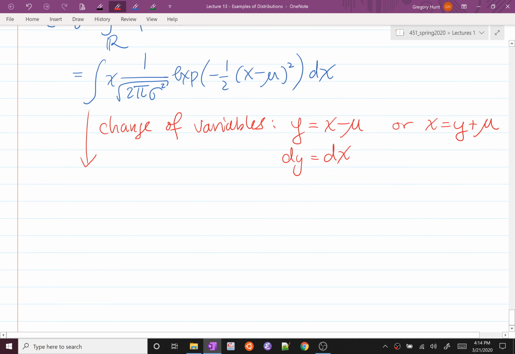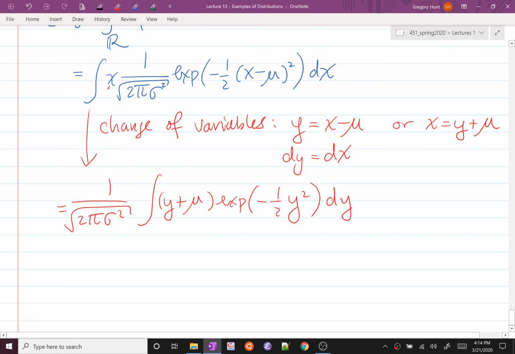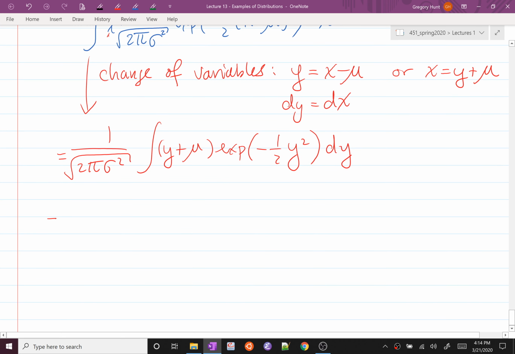If we make this change of variables, we can pull out a constant, 1 over root 2 pi sigma squared, and we get the integral of x, which is now y plus mu. Replace that x, and we get exponential negative 1/2. X minus mu is just y, so this becomes y squared, and dx becomes dy. And we're still going to carry around this constant, 2 pi sigma squared.